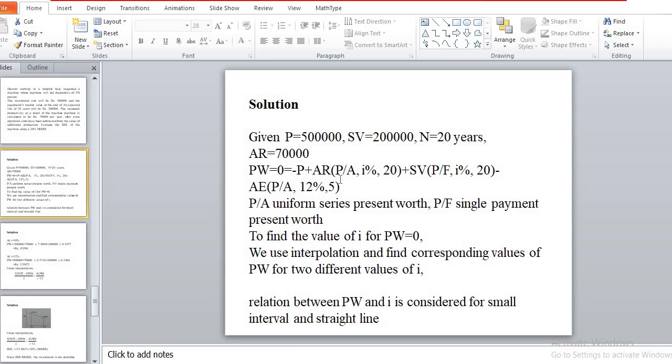So to find the interest rate I at which present worth becomes 0, we can use the interpolation formula.